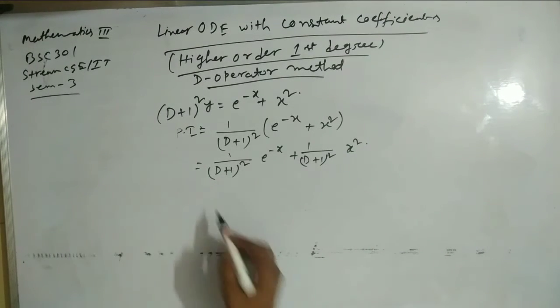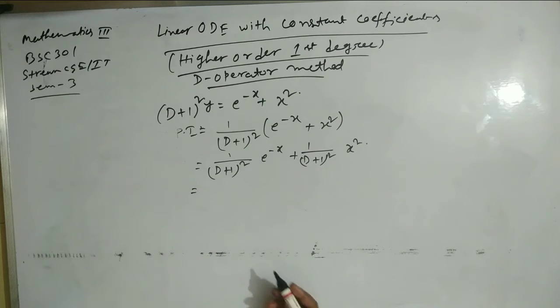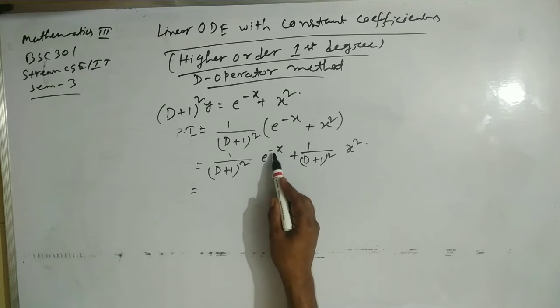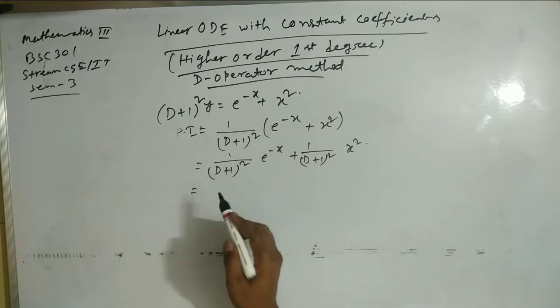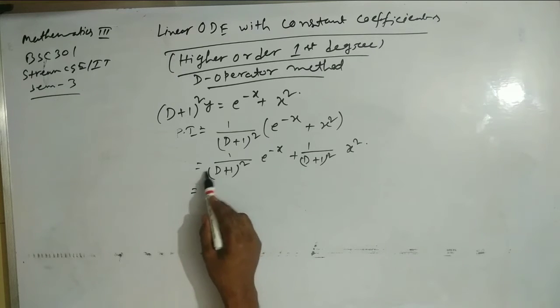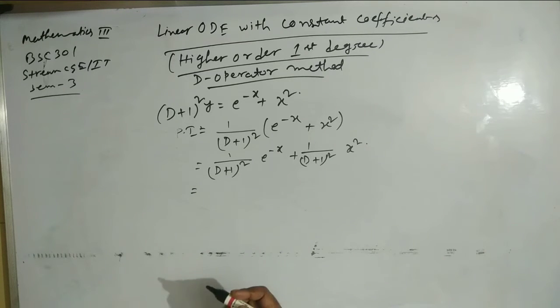Now we know if the function is an exponential function, then we have to put the coefficient of x, which is minus 1 here, in place of D. Now if we put minus 1 in place of D, we see that the denominator becomes 0.